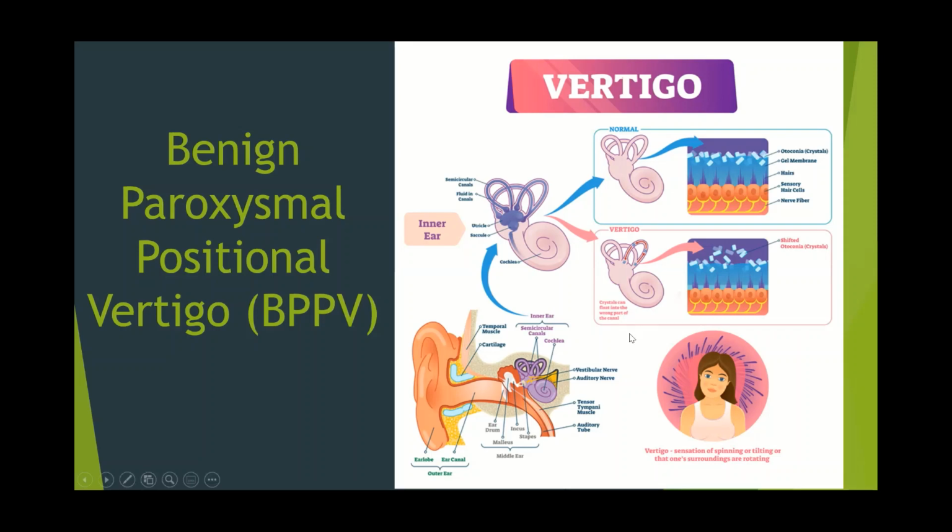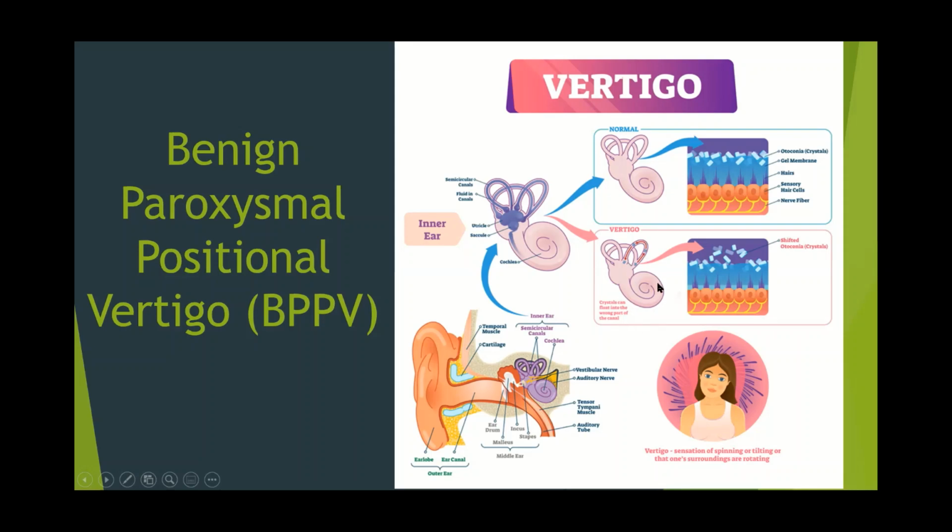That's where the dizziness and the vertigo, or the room spinning, tends to come from: the neurological signal is disrupted because the fluid within the canal isn't flowing properly, since there's a crystal blocking the canal and not allowing the fluid to flow how it should.